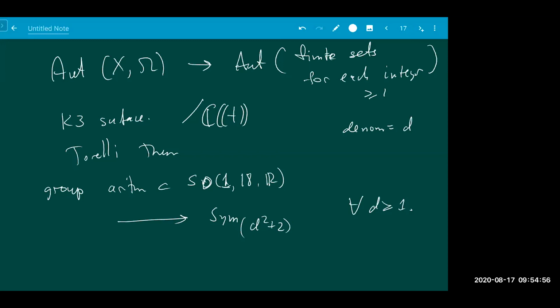By the way, this K3 surface example was described in great detail in a very old paper of Yan and mine. It was put on the arXiv a long time ago.